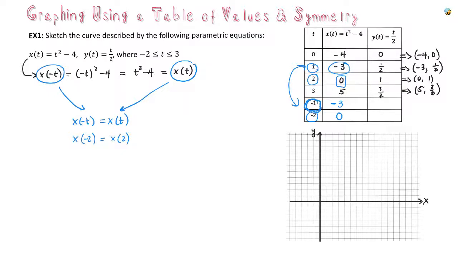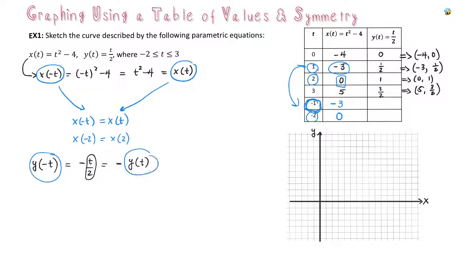Now, what happens with the y values? What happens if I consider y of negative t? If I consider y of negative t, I am going to have negative t divided by 2. And this part over here is y of t. So this will be negative y of t. What is my conclusion then?